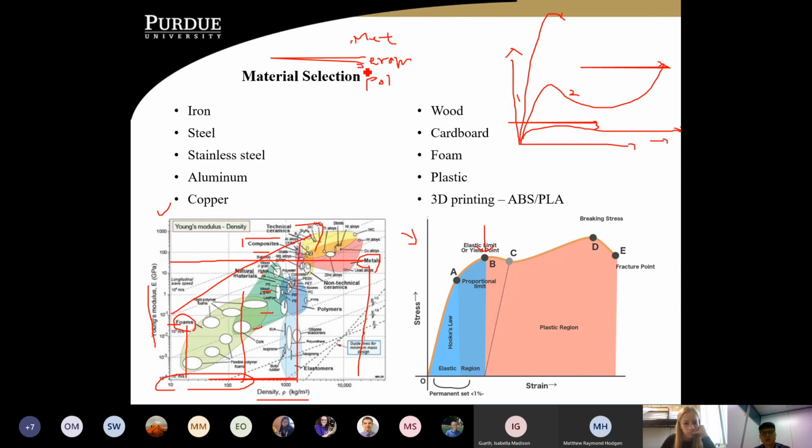So we have 1, 2, 3. Now, if you have no idea what ceramic is, it's basically your toilet seat, to help you put memory with that. So ceramic, metal, and polymer. Then I draw a stress axis and a strain axis. Now, quick question: where do 1, 2, 3 represent for these 3 curves over here?